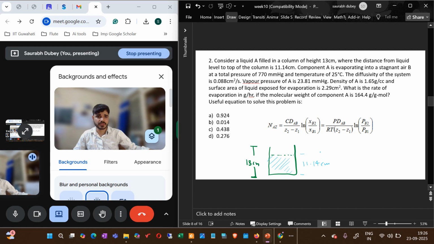Component A is evaporating into a stagnant B. Suppose here air is B and this is A, which is evaporating. Stagnant B means N_B equals 0, at a total pressure P total of 770 mm of Hg, and temperature 25 degrees Celsius.